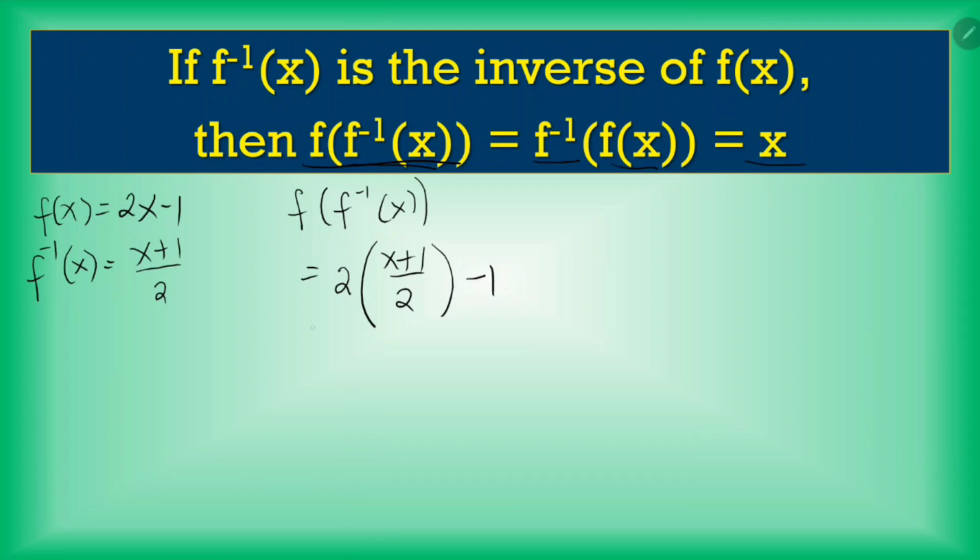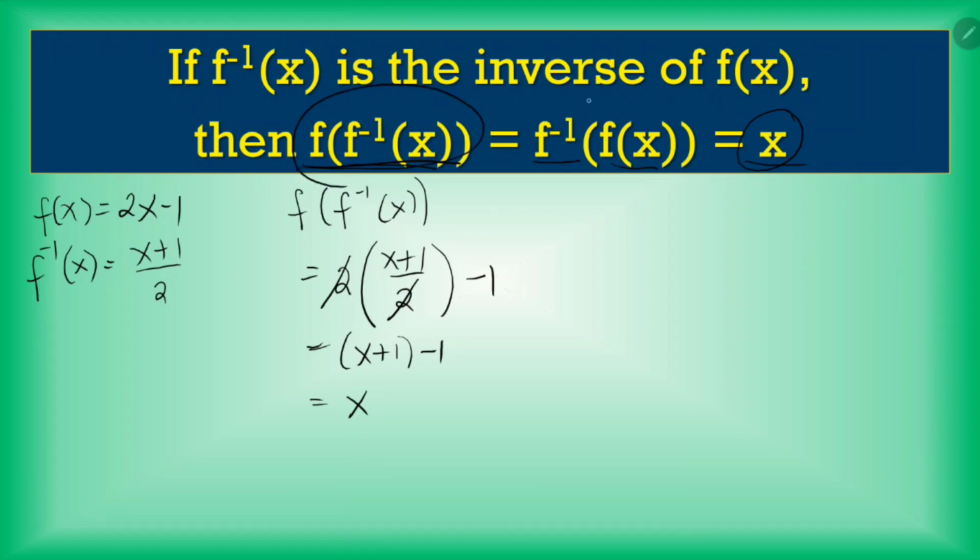You should recall this composition of functions. So, we cancel 2, since that is a product. What's left is the quantity x plus 1 minus 1, and we know that 1 minus 1 is 0. So, we have now x. We have satisfied the first composition of functions.